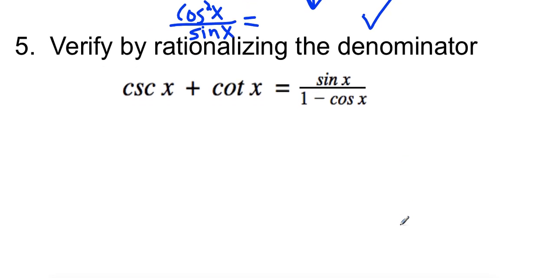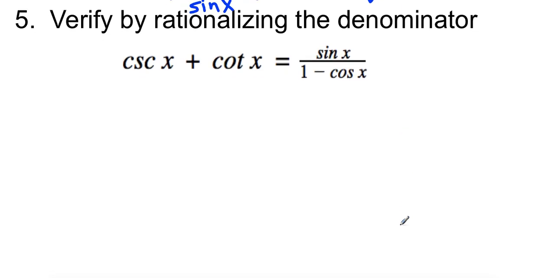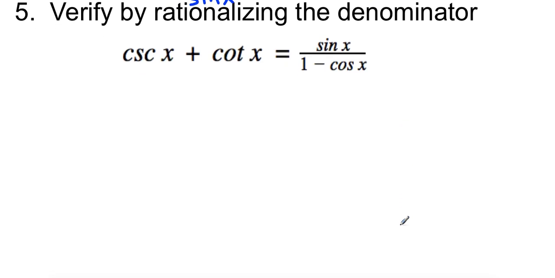All right, something else, another trick that sometimes works is rationalizing the denominator. Okay, so I've given you that hint, so that's what we're going to start with. I'm not going to mess with the left-hand side of this equation right now. Cosecant x plus cotangent x.